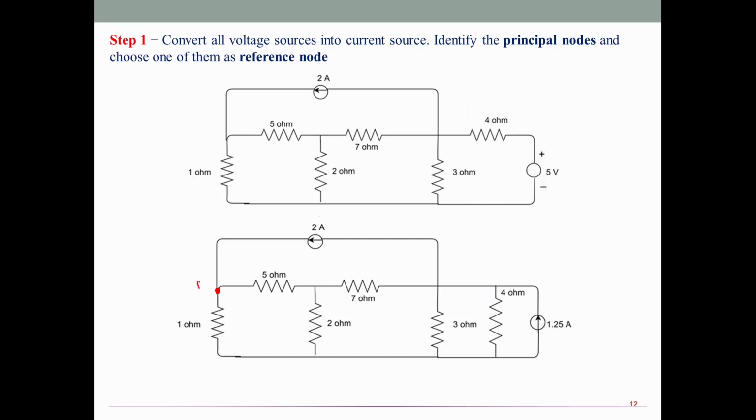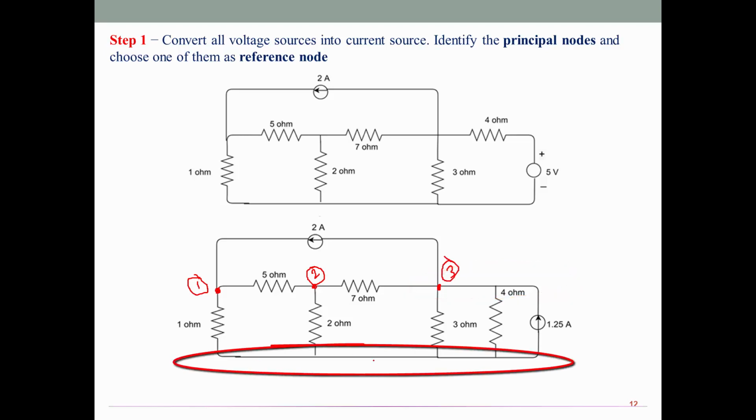Identify the principal nodes now. This is going to be a principal node since 3 branches are connected. This is also going to be a principal node, the second node, where 3 branches are connected. This can also be a principal node, but we have too many points here, so you can pick one among these. I'm choosing this point where 5 branches meet, so node number 3. As usual, I'm going to the bottom where I have more than 3 branches connected, so I can choose it as the 4th node.